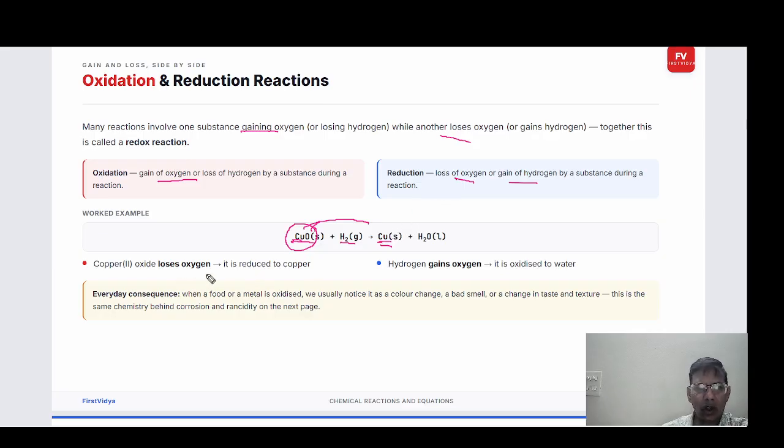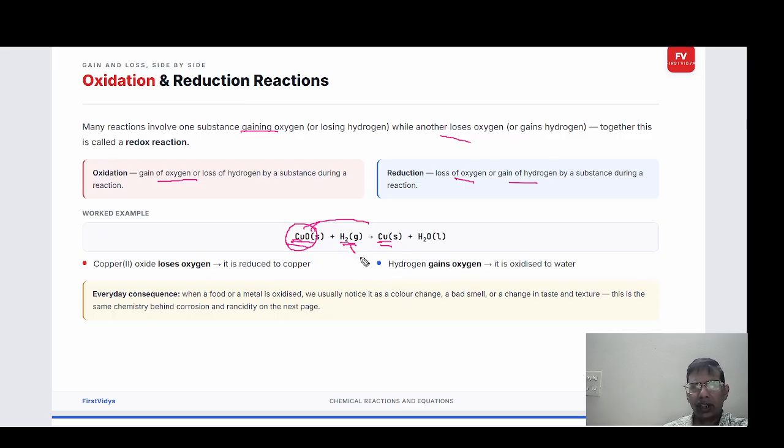Here copper oxide loses oxygen, so obviously it is a reduction. And here H2, hydrogen, is getting oxygen, so it is being oxidized to water.